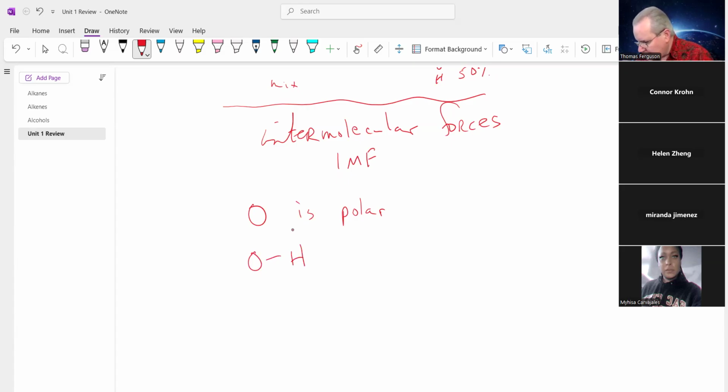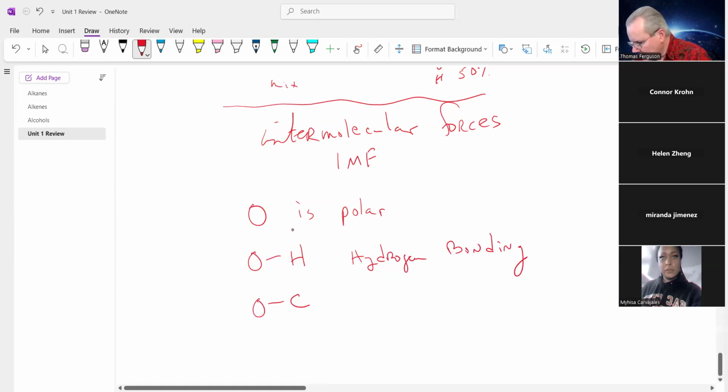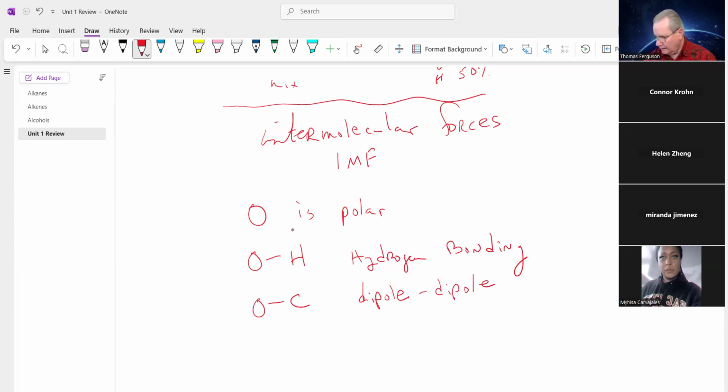Whenever you have OH, that involves hydrogen bonding. OC is called a dipole-dipole. It's strong, but not as strong as hydrogen bonding.